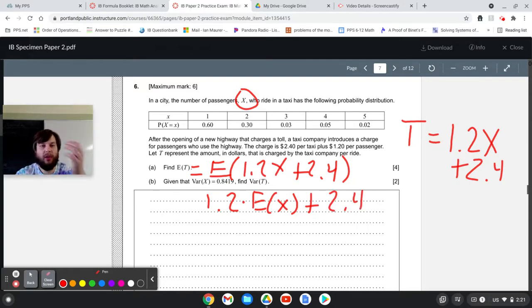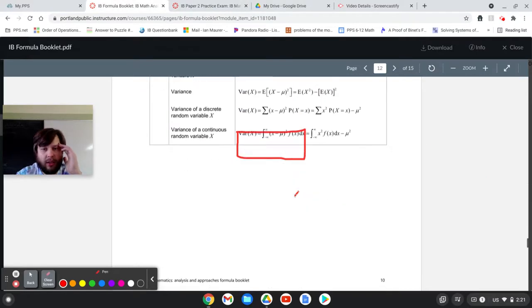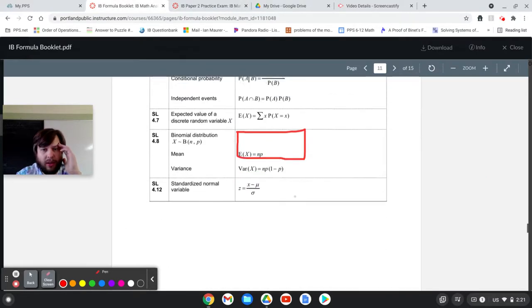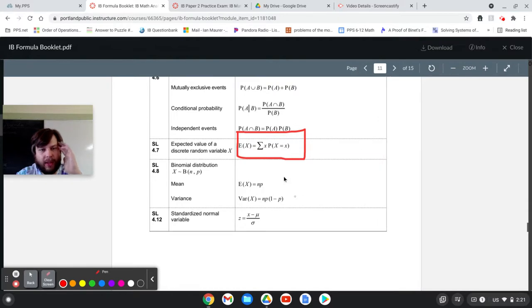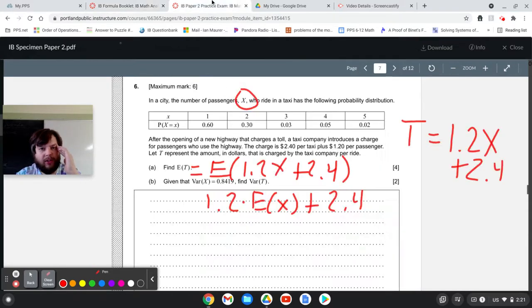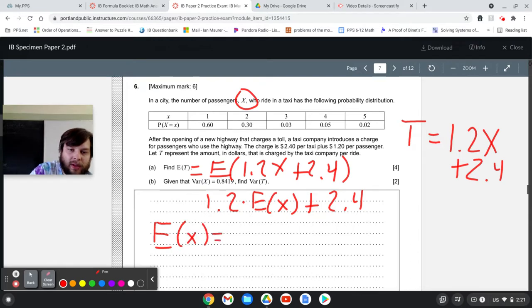And E of x is, if you go back to the formula booklet, you can see up here the definition of E of x. It's the sum of x times the probability of that x. So for E of x, we're going to add up all of the probabilities times the outcome.